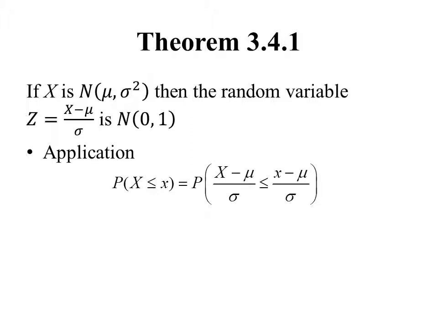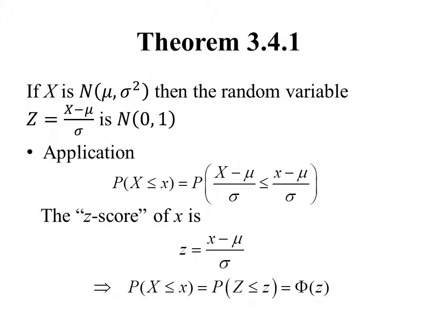Say we want to calculate the probability that X is less than or equal to x. Inside of this parenthesis, we could subtract mu from both sides and divide both sides by sigma, and we get this probability right here. This random variable has a standard normal distribution. This over here is some number: x is a given number, and mu and sigma are numbers, so this is a number.